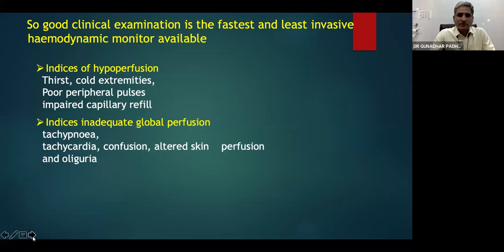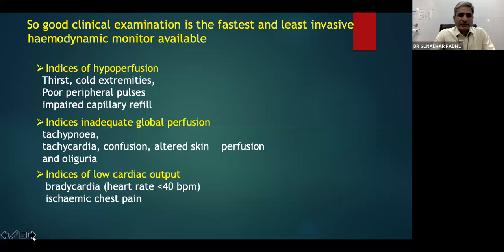There are certain other clinical parameters which tell us that this patient is also under threat: tachypnea, any high respiratory rate, tachycardia where the heart rate goes high, any confusion, if the patient is confused or altered, or if there is altered skin perfusion and low output. Those are the signs that tell you that there is definitely some problem in the patient, and this patient definitely needs extensive monitoring, and he is basically in a state of inadequate global perfusion.